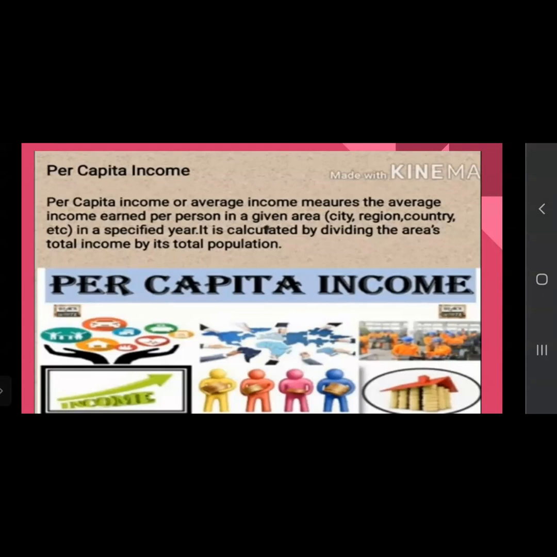So in a particular year, how much income there is per person in a given area is calculated by dividing the area's total income by its total population. So simply, it can be calculated by dividing the total income of that particular area by the total population. So you will get the per capita income.